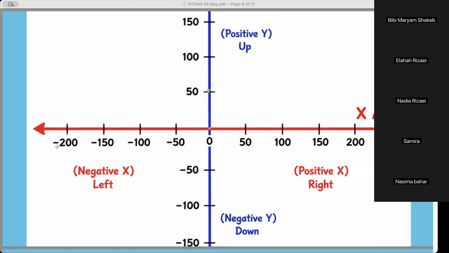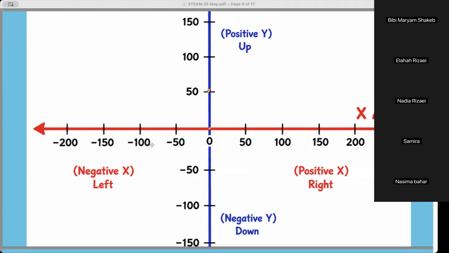Girls, I'm just telling you, when the sprite goes right, it is positive, okay? When the sprite goes up, it is positive. But if the sprite goes down, it will be minus, negative. If the sprite goes left, it is negative.